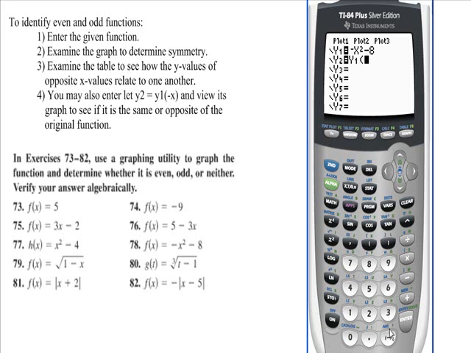And now we evaluate that at negative x. If these are the same, then we know the function is even. Now I'm also going to display this differently and make it bold. If I go to the left of the y2 and press enter, I get another way that displays. So on my calculator, if the bold graph is drawn on top of the original graph, then I know I have an even function. If we go to the graph, you see how it was done that way. So that confirms that it is even.